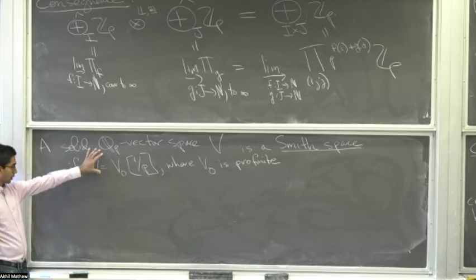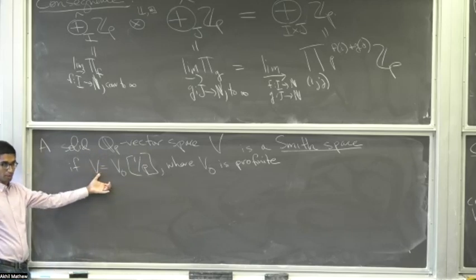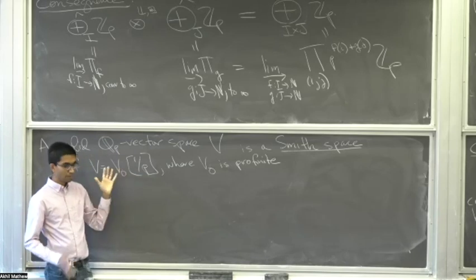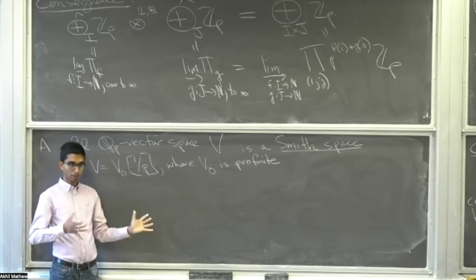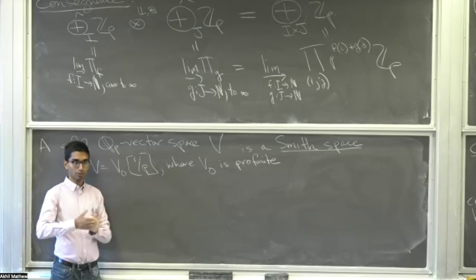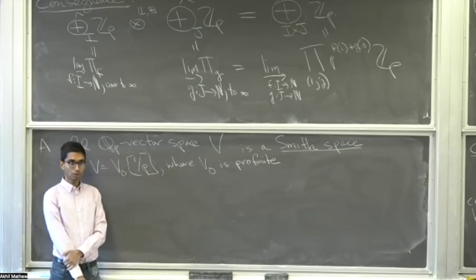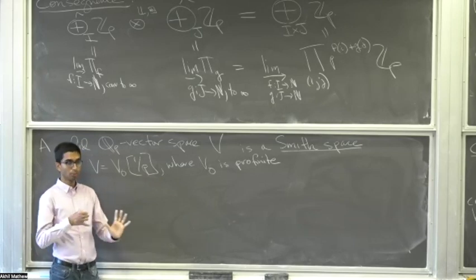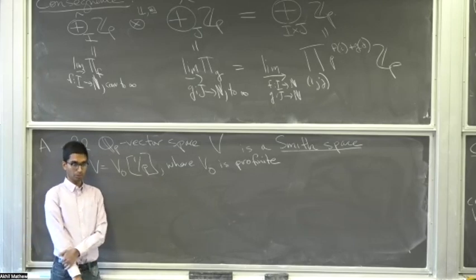So this definition also makes sense in the Archimedean context. I think in the Archimedean context, it would be the statement that you have a compact subset, and then you get everything by enlarging that. So I think again the example would be something like all bounded sequences of real numbers.